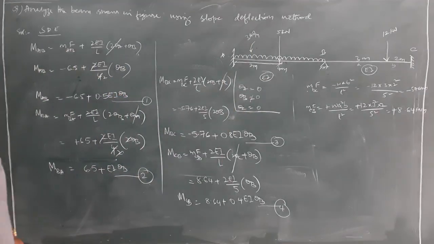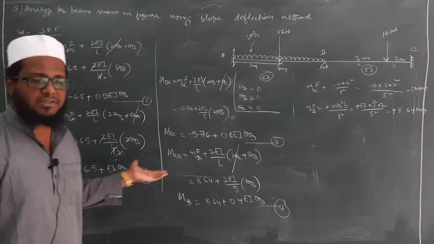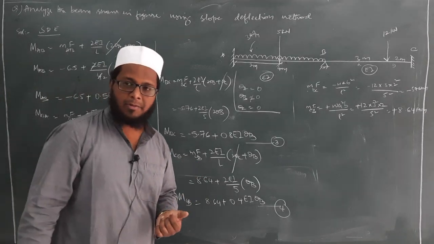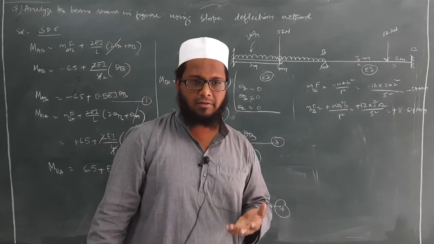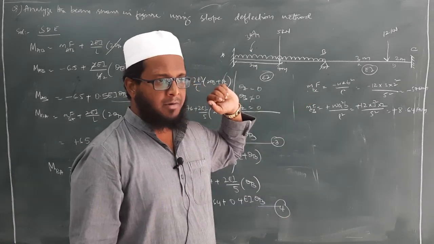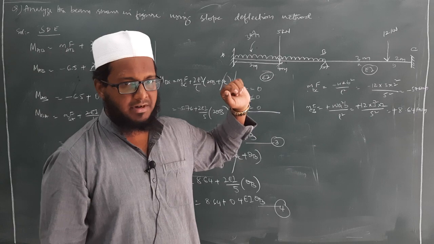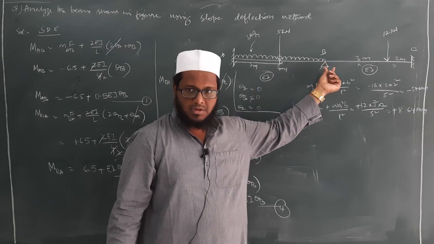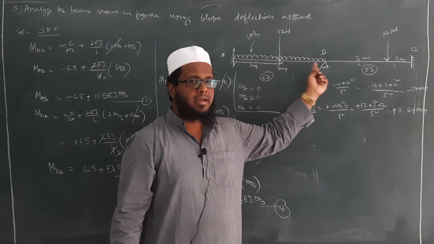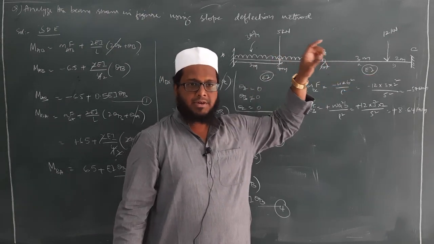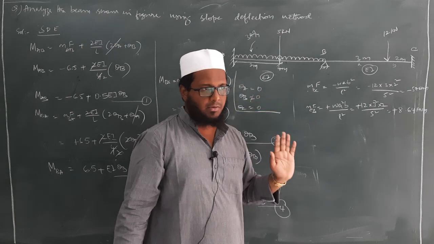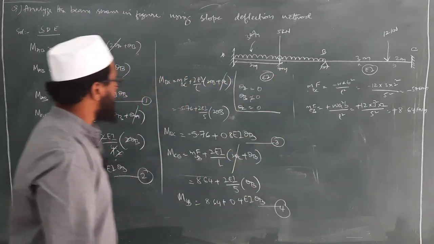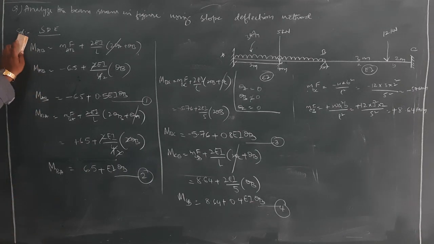Okay. Then after calculation of slope deflection equations, what is the next thing we do? We apply equilibrium conditions. What are the equilibrium conditions as per this problem? Moment will equal to 0, isn't it? So MBA plus MBC should be equal to 0. Alright. So can I apply that equation here? Yes. So copy down this one.